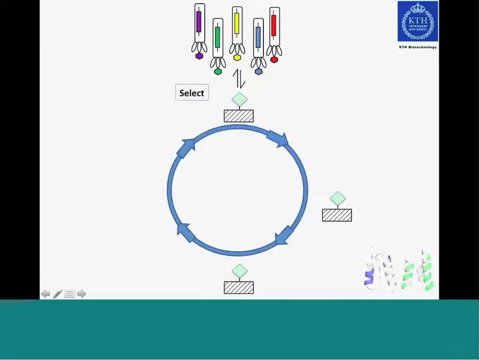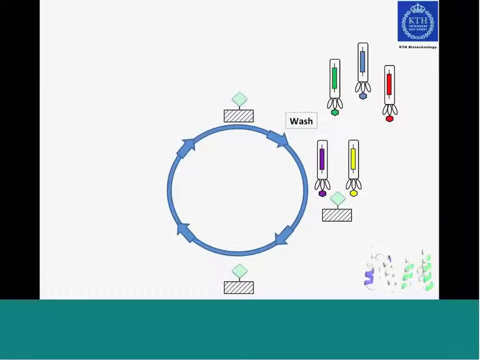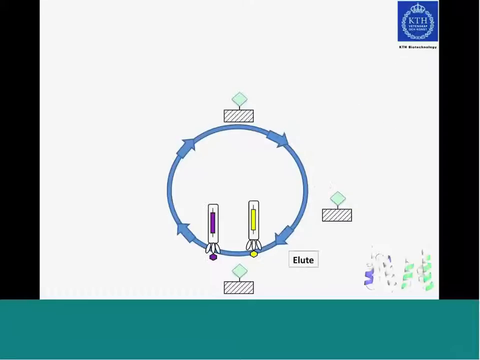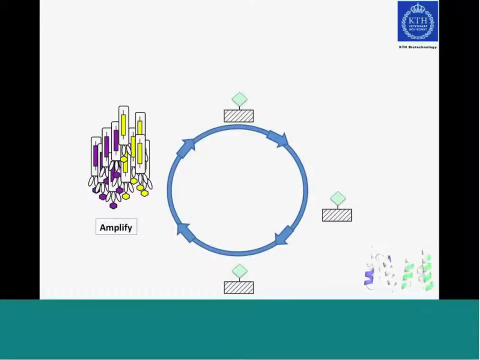You mix your phage library with your target in a selection. You wash away the ones that don't show any interaction, and then you elute, normally by changing the pH, the ones that are bound. You use this eluate to infect bacteria, and the bacteria are used to amplify the selected phage, which will start the next round of selection.